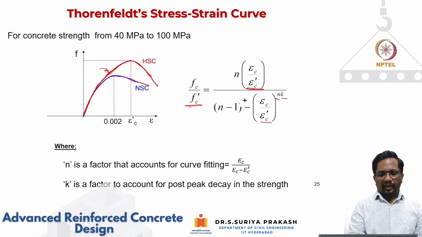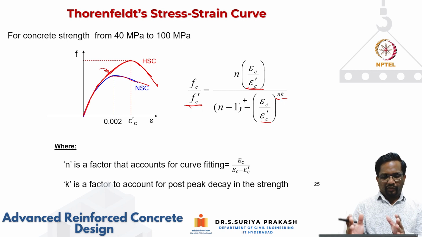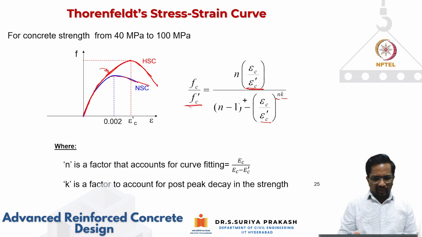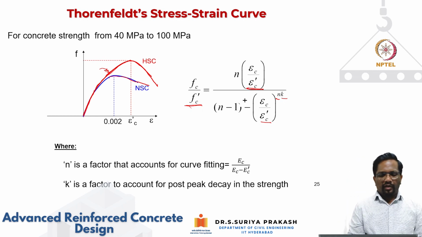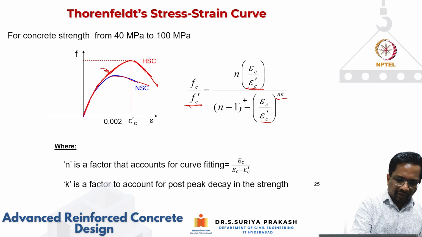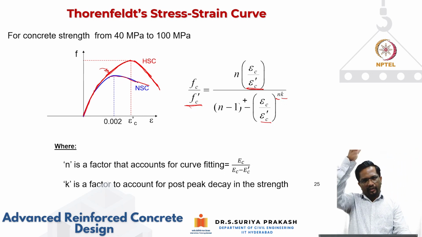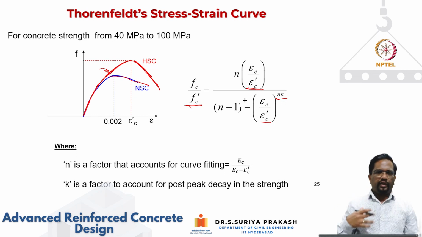In other words, it is basically the elastic modulus or the initial modulus divided by some form of secant modulus, Ec by f prime c. It tells you how that secant stiffness is changing. That accounts for the curve fitting. And k is a factor that accounts for how fast the decay is. As we have seen, as you go higher and higher, the drop in strength is quite rapid.